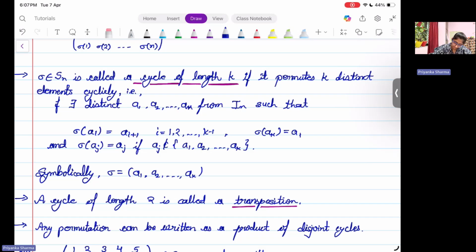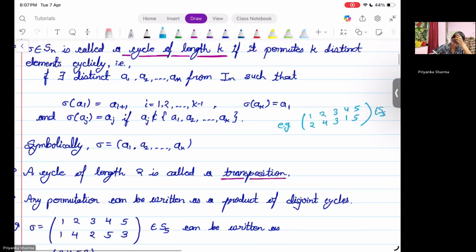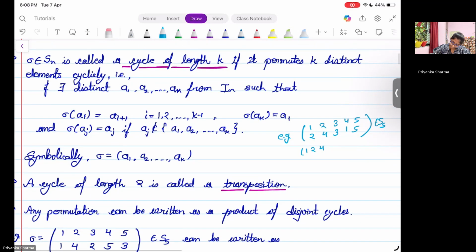For example, we can take this: 1, 2, 3, 4, 5. Obviously this will be in S5, and 1 is mapped onto 2, 2 is mapped onto 4, and 4 is mapped onto 1. Sigma of 3 is 3 and the image of 5 is 5. So this can be written as (1 2 4), because sigma of 3 is 3 and sigma of 5 is 5.